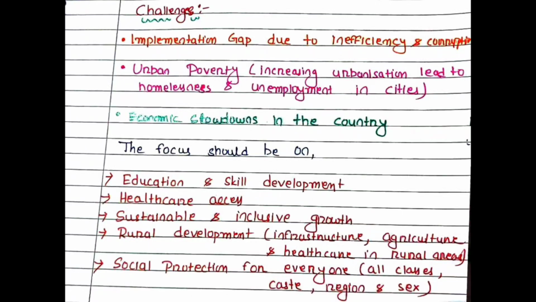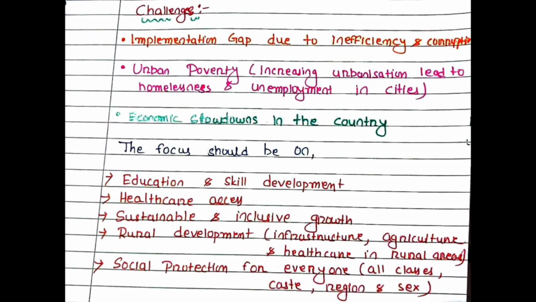Then urban poverty. Increasing urbanization has led to homelessness and unemployment in the cities now. Due to the unavailability of facilities in the rural areas, people from rural areas are migrating towards the urban areas to get jobs, which is increasing the pressure on urban areas and also increasing urbanization, which is leading to homelessness in the urban areas and unemployment in the cities.